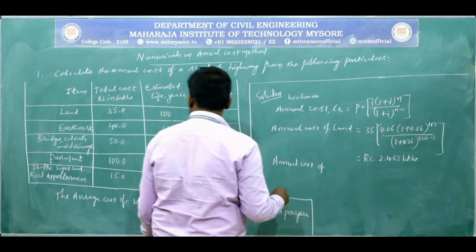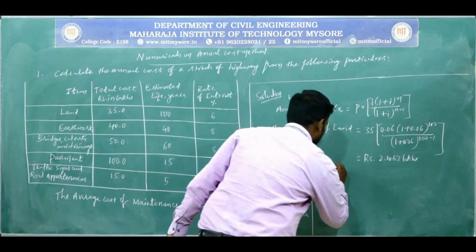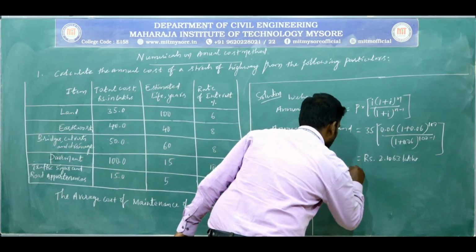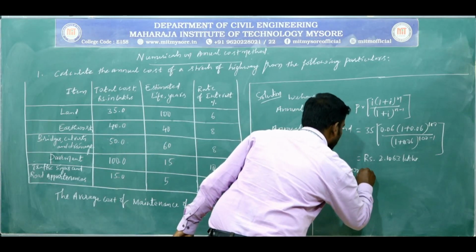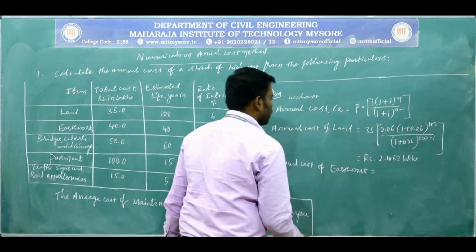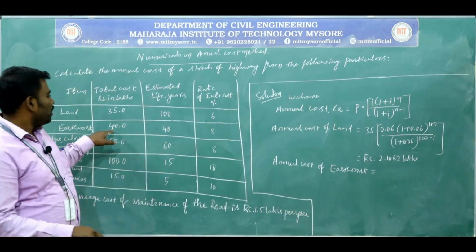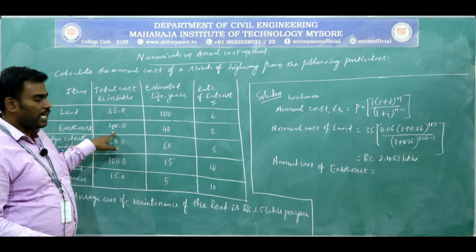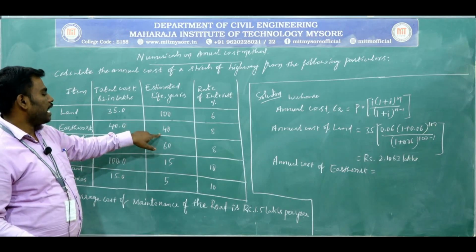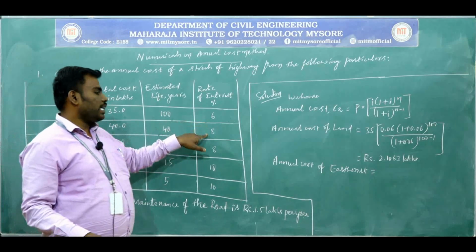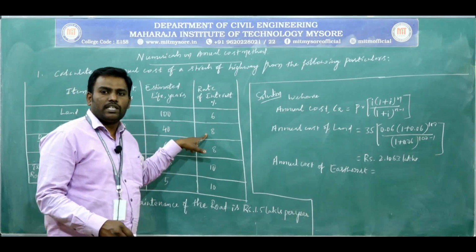Similarly, find the annual cost of the next item, earthwork. Annual cost of earthwork is equal to what? For the earthwork the investment cost, that is P, is equal to 40 lakhs, N is equal to 40 years, I is equal to 8%, that is 0.08.